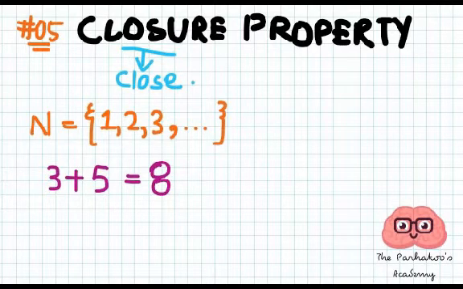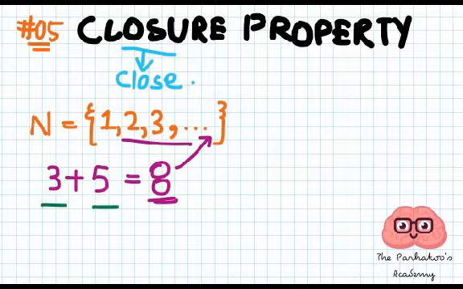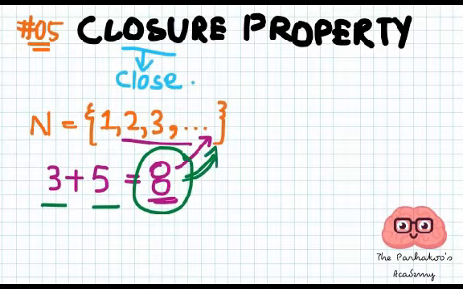Now, if you notice, I picked 3 and 5 from this set, and the answer I got also belongs to the same set. So this is something which is closed under the same set. It shows that when you add two numbers together, the resultant, or the answer that you get, also belongs to the same set.